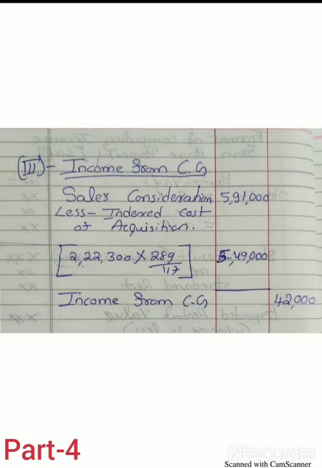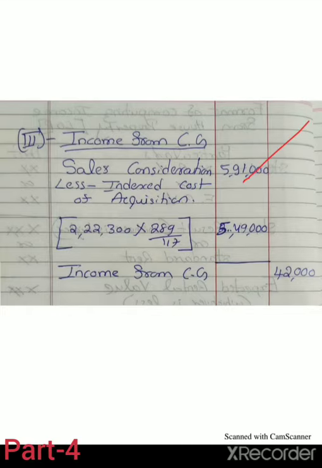So the third information relates to income from capital gain. We know the format. Sales consideration is 5,91,000 less index cost of acquisition. Index cost of acquisition formula we know: cost of acquisition into CII for the year of sale divided by CII for the year of purchase.